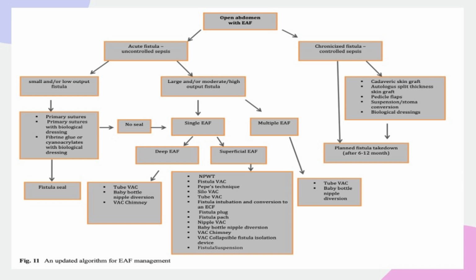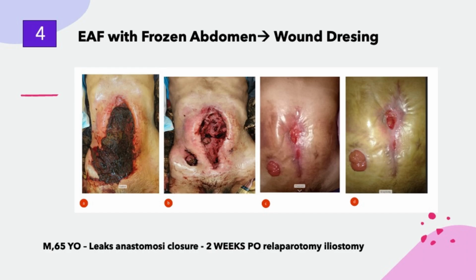optimal surgical outcomes. A 65-year-old male with an enteroatmospheric fistula (EAF) and frozen abdomen, 2 weeks post-laparotomy and ileostomy closure due to an anastomotic leak. Image A shows the initial condition of the open abdomen with extensive wound contamination and tissue damage. Image B demonstrates progress after debridement and initial wound dressing application.